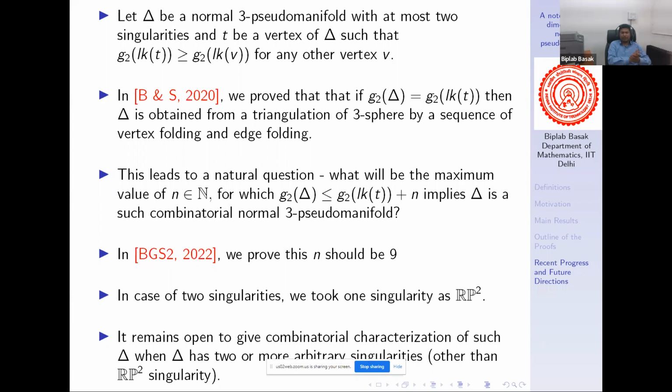So it is still open if you have 2 singular vertices or more arbitrary singularities. And to classify delta when delta has relatively minimal G2, or to find some n such that G2 of delta less than or equal to that number implies the same type of normal pseudomanifolds, that is another direction.